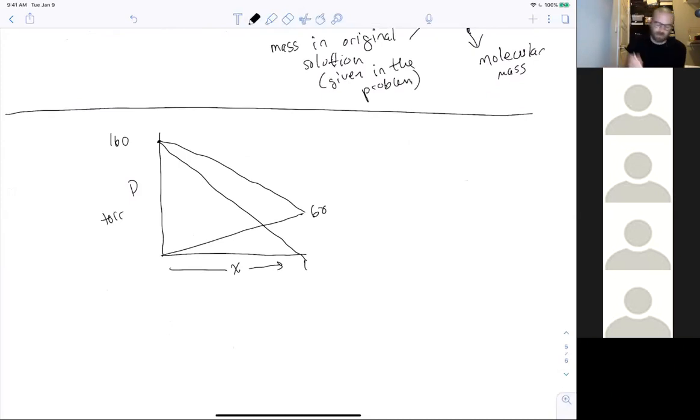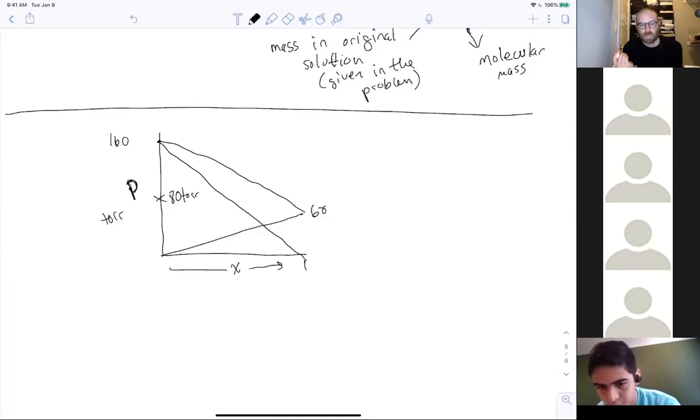80 torr is going to be right here in terms of pressure. I think this is just testing your ability to read graphs, although it's a weird graph. Substances A and B are mildly volatile. Using the diagram below, determine the mole fraction of B when the vapor pressure of the mixture is 80 torr. X of A. There are three lines on there.